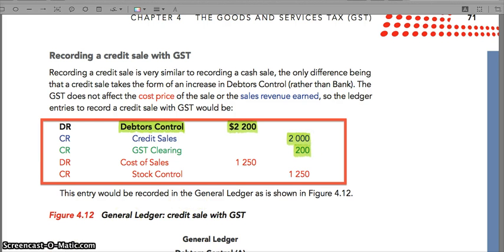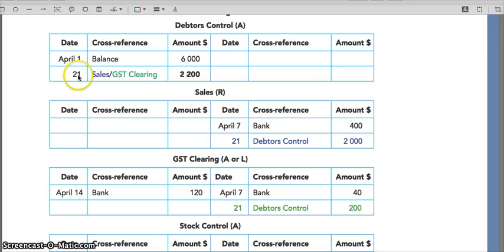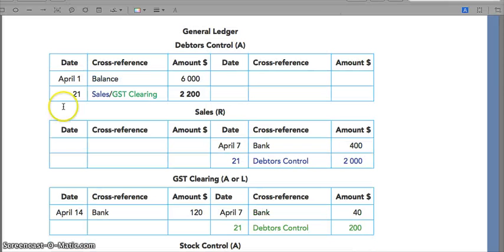Now, boys, we had a little bit of trouble with this today, so I want you to pause it and rewind it to make sure we've got this area cemented in our heads. Notice here when we put it to the ledger, we've got a split cross-reference.